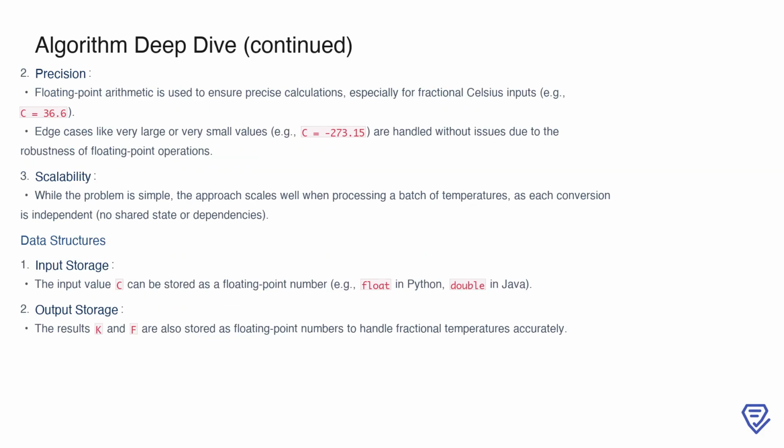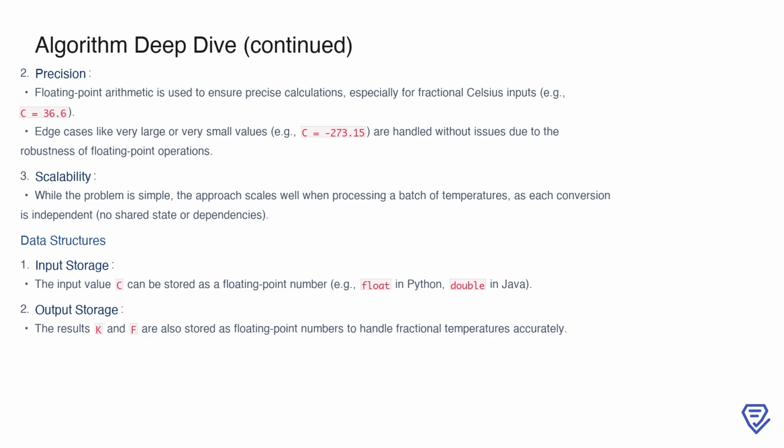Precision plays a key role in this algorithm, especially when dealing with fractional inputs like C equals 36.6. Floating point arithmetic ensures accurate results even for such values. Additionally, extreme inputs, such as very large or very small values like C equals -273.15, are handled effectively without losing precision, thanks to the robustness of floating point operations.